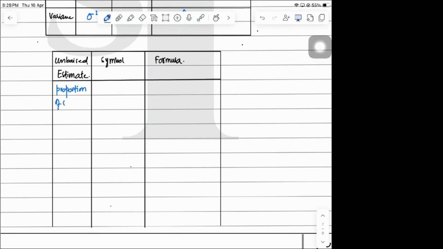Proportion of success, and the symbol for that will be p cap. You know that we have discussed this: p cap will be equal to the proportion of the sample, which is x over ns, and it will be dealt with in binomial.